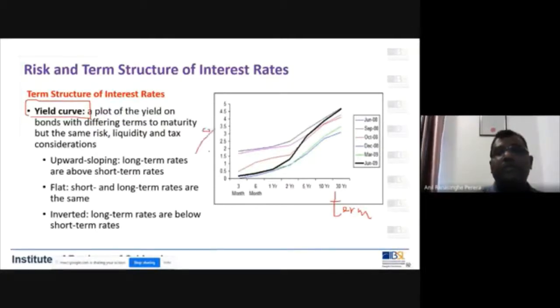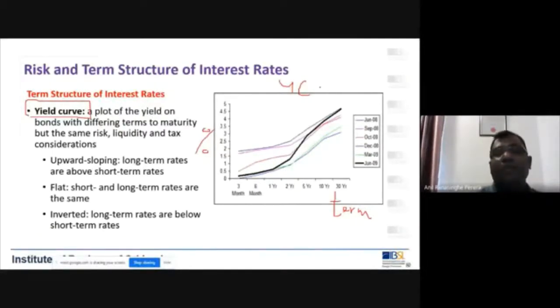On this axis you see the interest rate or the return, or you can call it yield. So the relationship between the yield and the term is plotted in this chart, which we call the yield curve. Now yield curve is an important tool to understand the market.